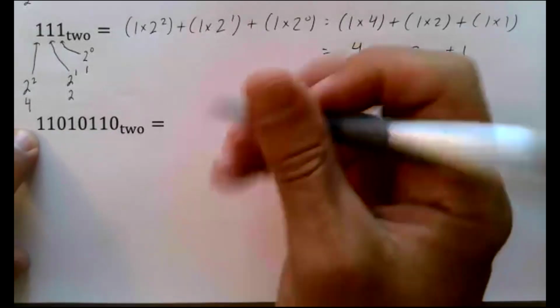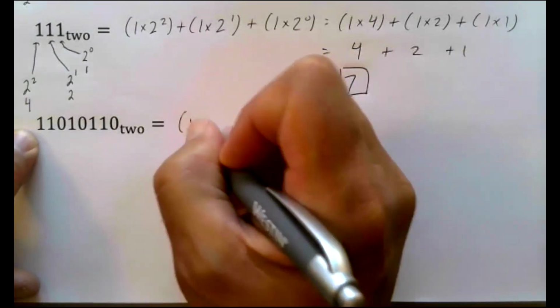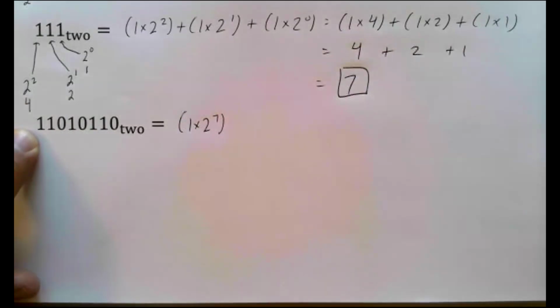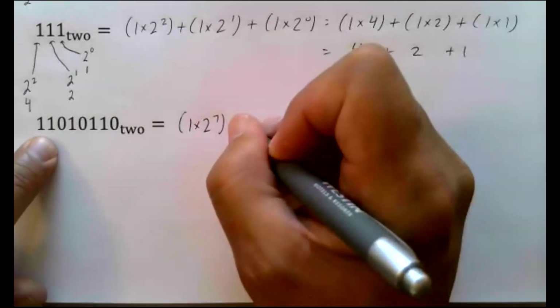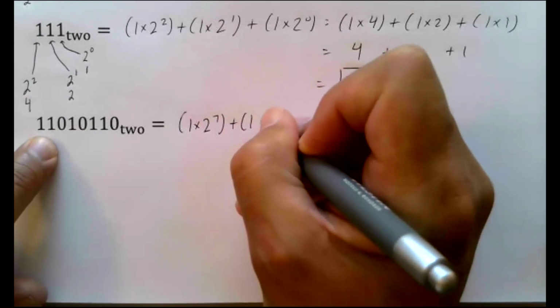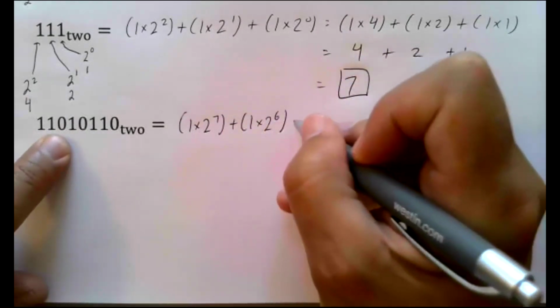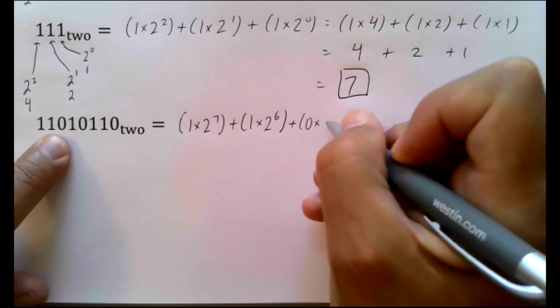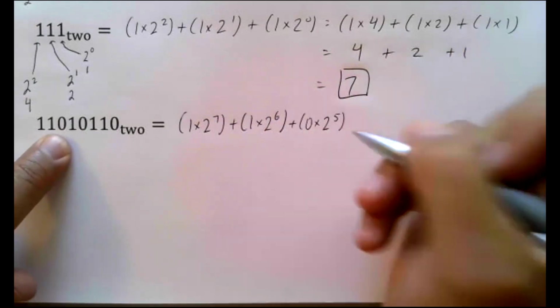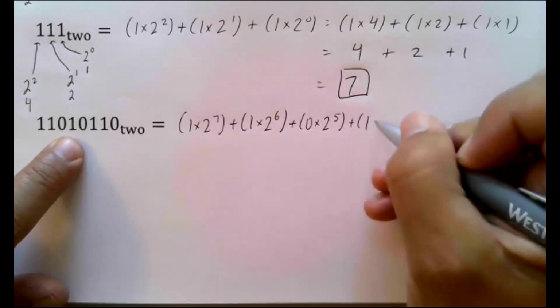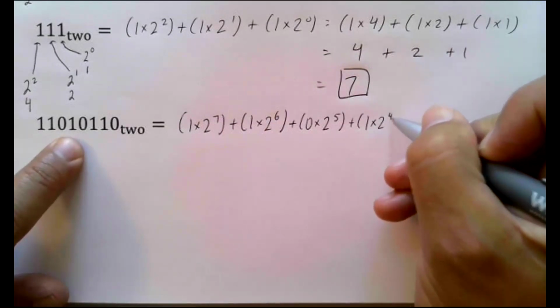So this one way over here is saying that I have 1 set of 2 to the seventh. Right next to it is saying that I have 1 set of 2 to the sixth power. Right next to that is saying I have 0 sets of 2 to the 5th. And then I have 1 set of 2 to the 4th.